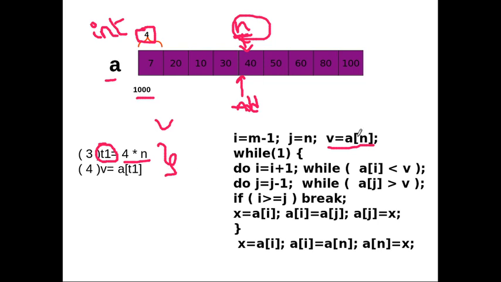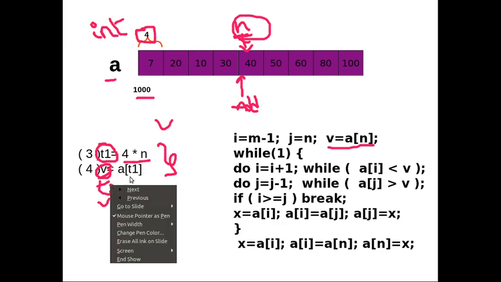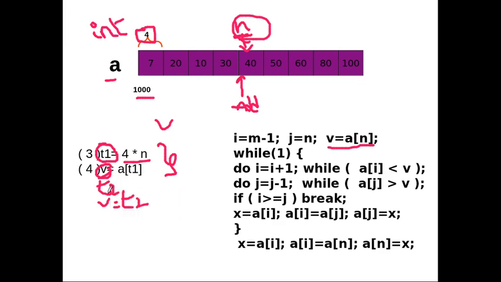First operation is 4 into n. And second operation, A of T1, if I am choosing one more temporary instead of v, say T2. Now your next operation must be v equal to T2.